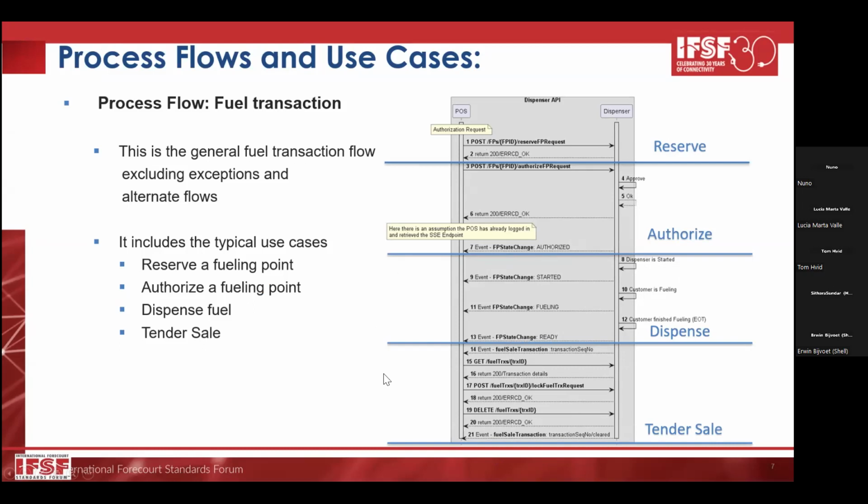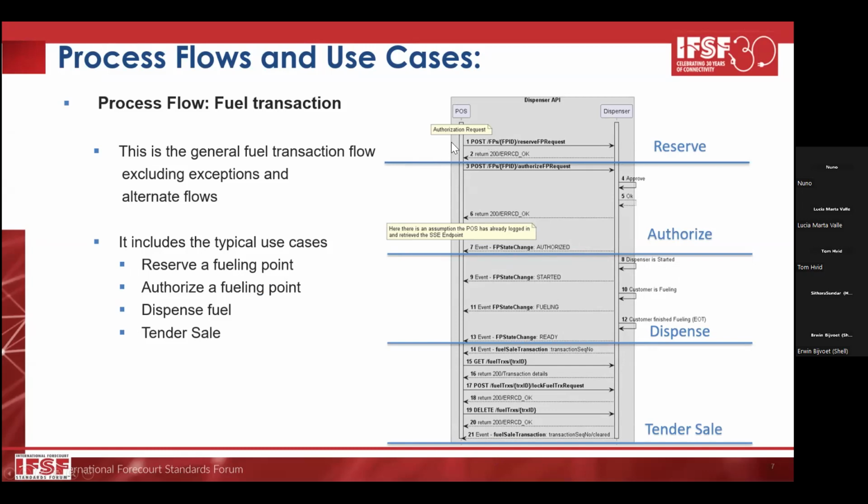In this case, we're working on a flow more oriented to the typical use cases, and it's more oriented to a prepaid, but it could be done also for postpaid, as we'll see later. The first step for a POS is to reserve the pump.